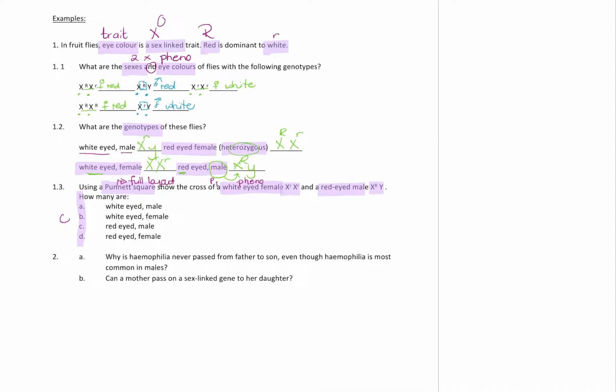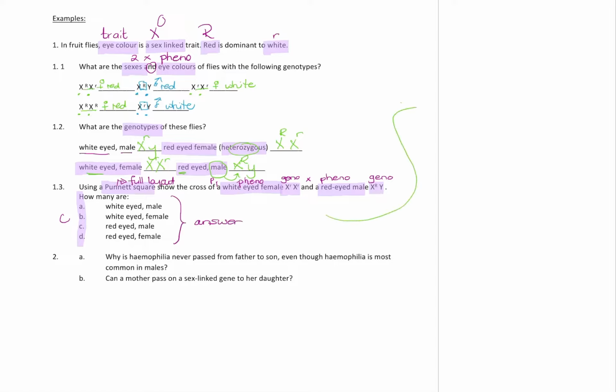That's the phenotype of the female, and that's going to cross with the male, and we've shown his genotype here as well. And then we must remember to answer the compulsory questions at the end.